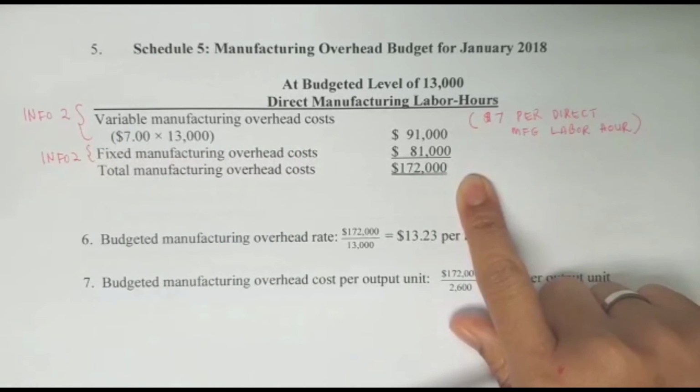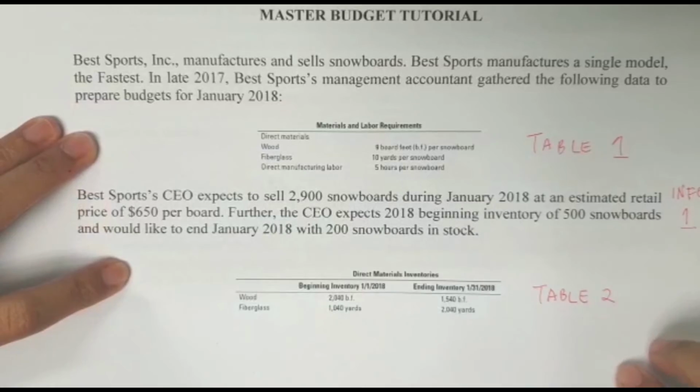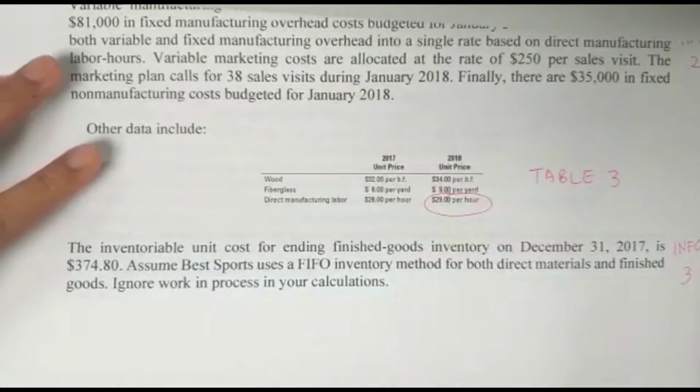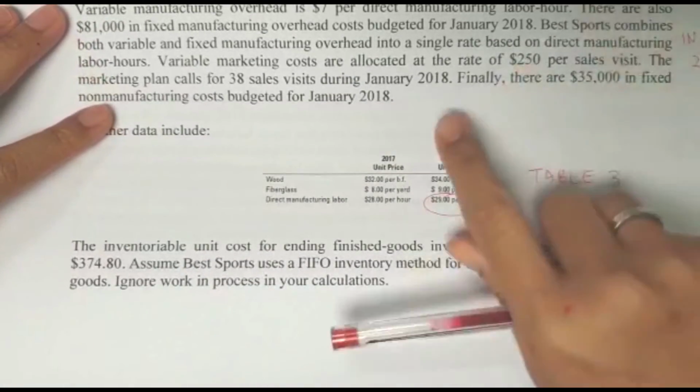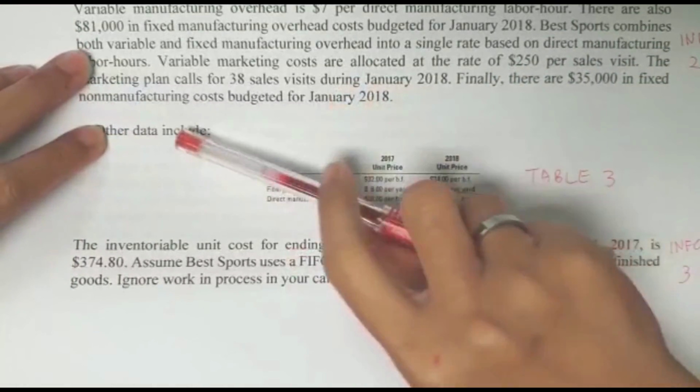If we look at information 2, okay, in front this is information 1, sorry, I check for information 2. Okay, here is information 2. Now look at this information carefully.